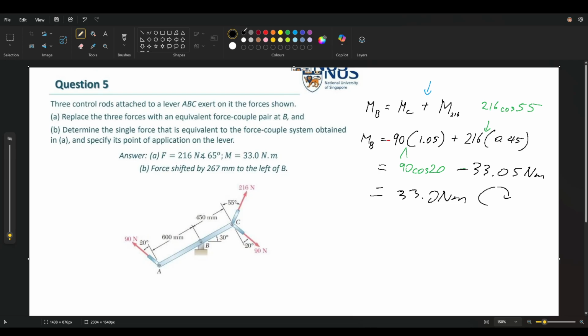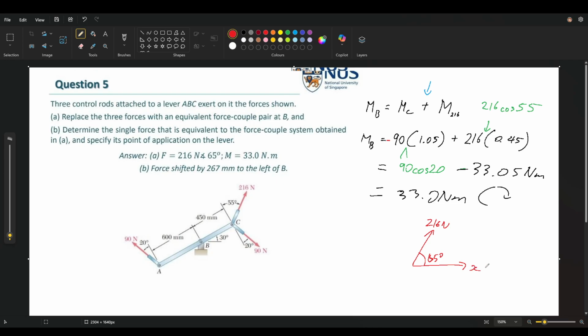So we have identified that the resultant force is basically 216 from 65 angle from absolute x-axis.